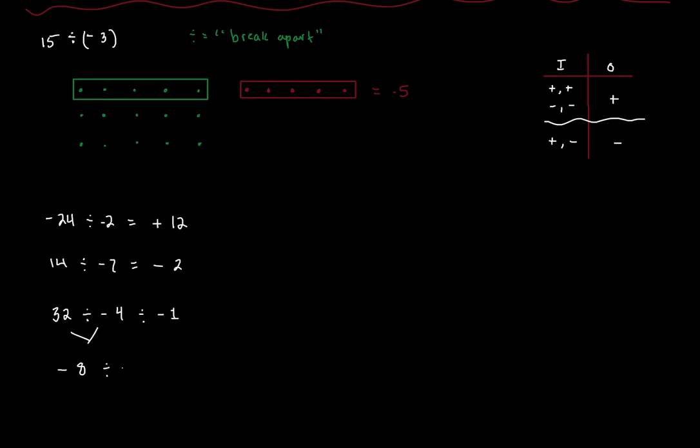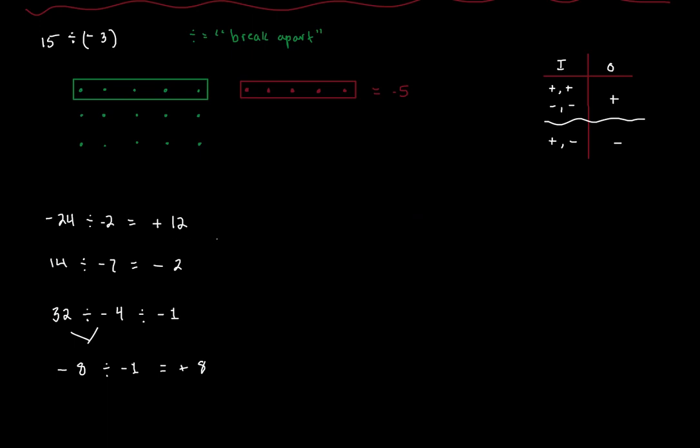Now when we divide by a negative 1, we have 2 of the same sign, so our answer is going to be positive. And 8 divided by 1 is just 8. So again, if you have the same sign, your answer will turn out positive. If you have two different signs, your answer will turn out negative.